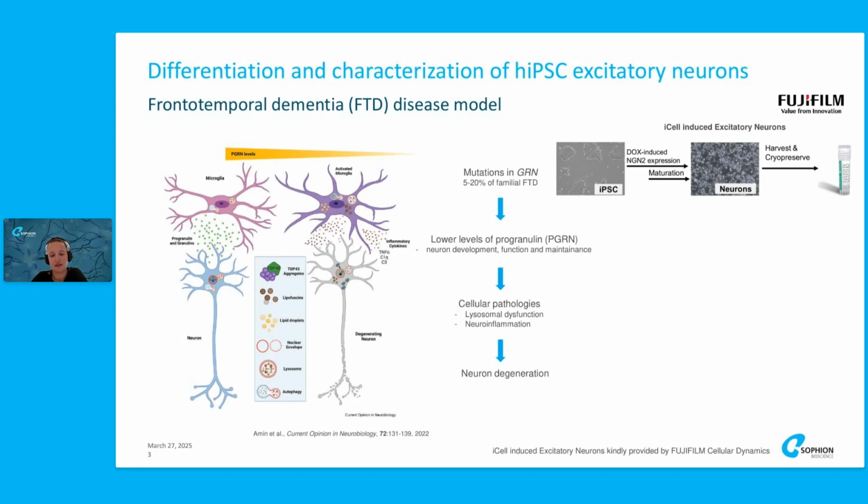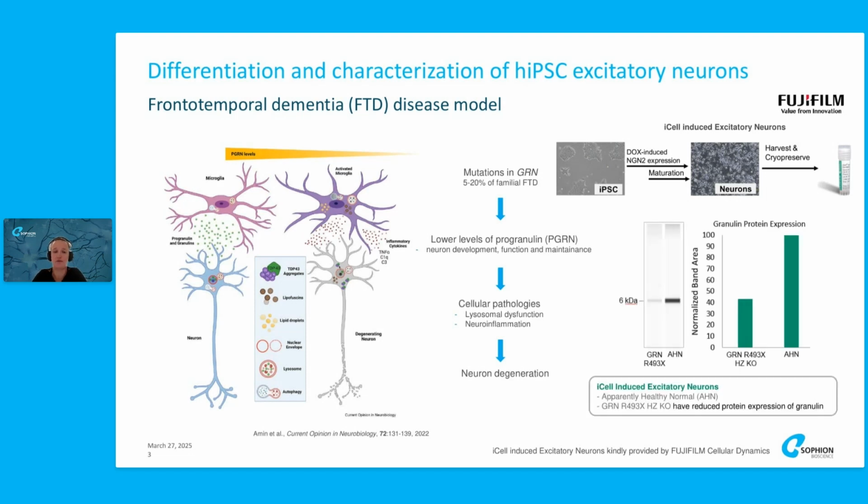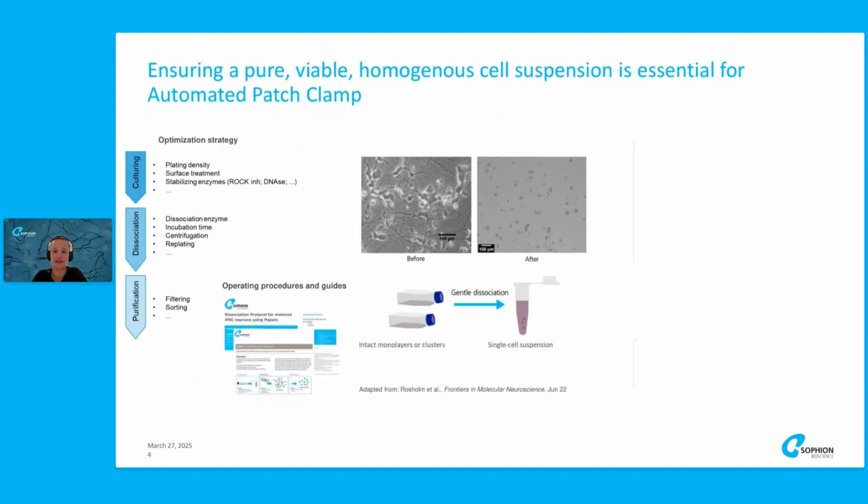This has a lot of downstream effects and can lead to cellular pathologies such as lysosomal dysfunction and neuroinflammation, and eventually neuron degeneration and death. So FCDI produced excitatory neurons carrying one of the most abundant mutations in the GRN gene. And they showed that this population of neurons have reduced protein expression of granulin as compared to the wild type. So these are the two neuronal populations that we're working with in this project.